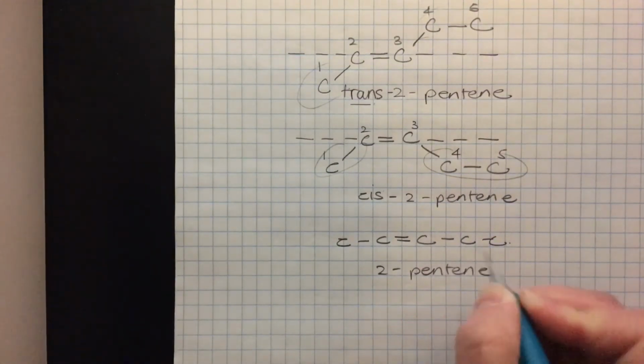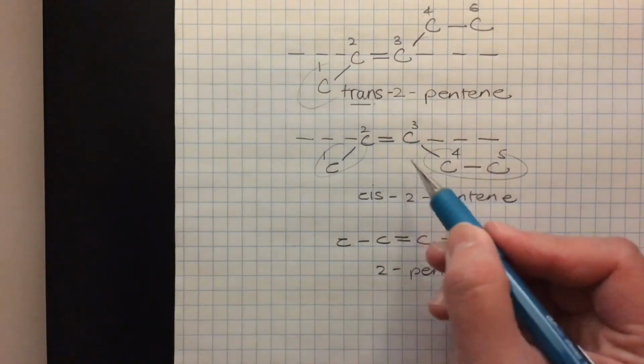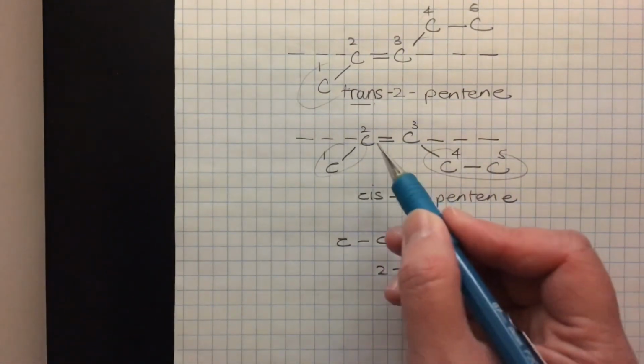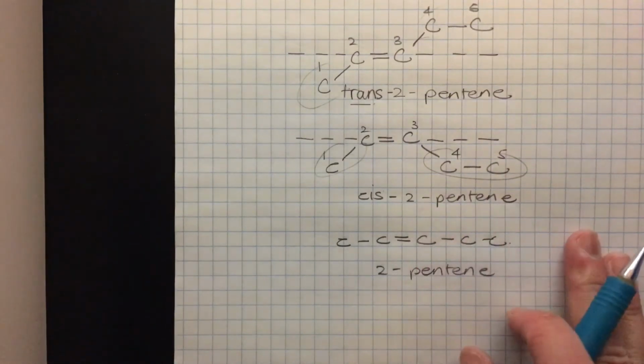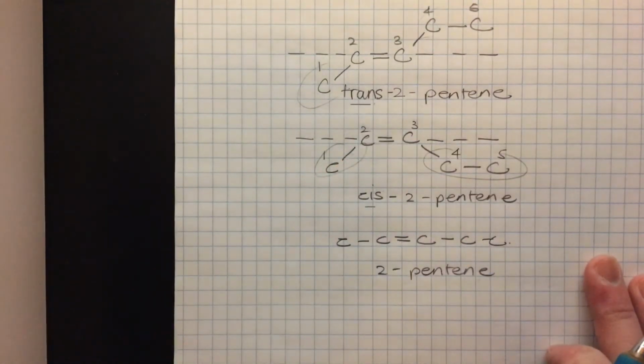However, if I draw this in such a way that I'm indicating the orientation of the main chain around that double bond, then I will be expecting you to be able to tell me whether it's a cis or trans.